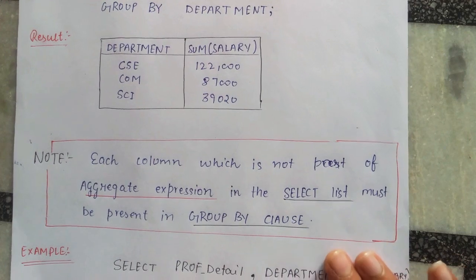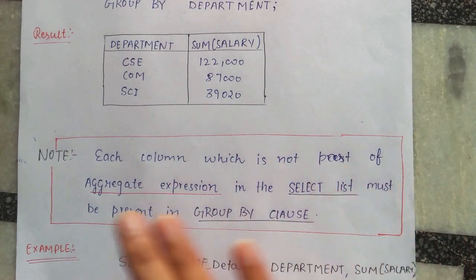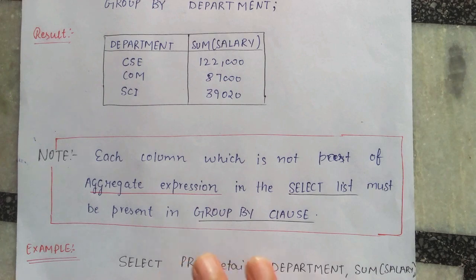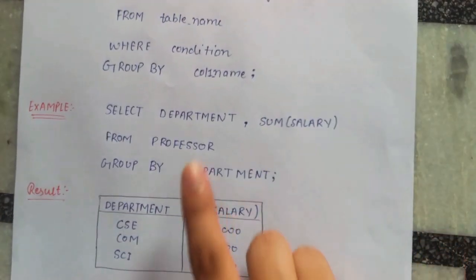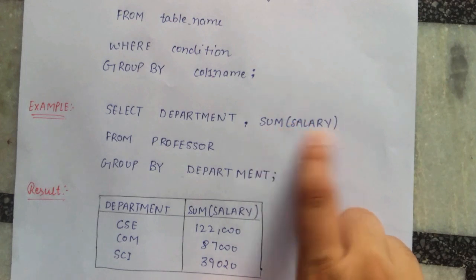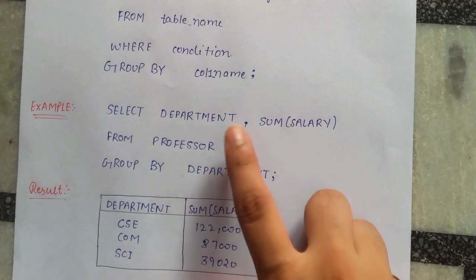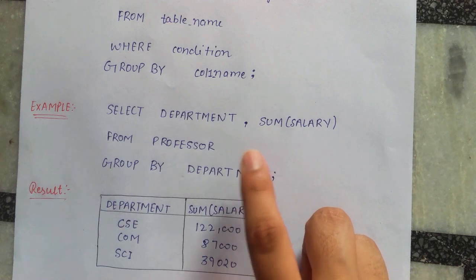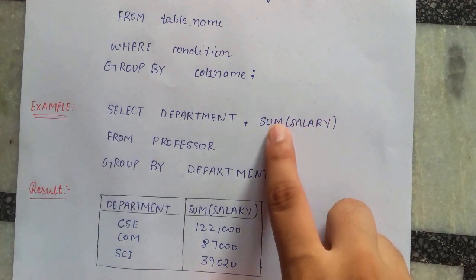Now there is one thing that one must know about this group by command. Each column which is not a part of the aggregate expression in the select list must be present in the group by clause. What does it mean? This sum is an aggregate expression, and every column in the select list which is not a part of this aggregate function must be present in the group by clause. Here there are two columns used, but the salary column is a part of the aggregate function.